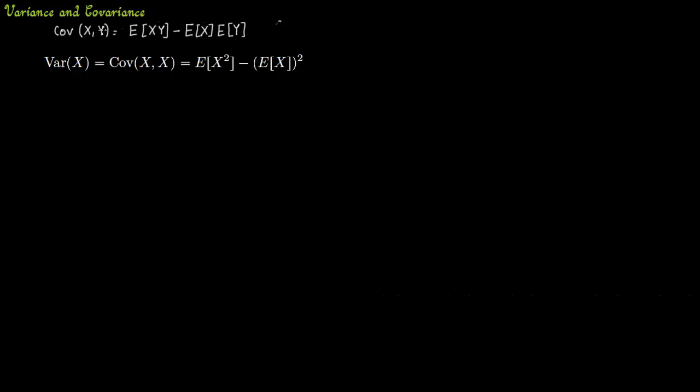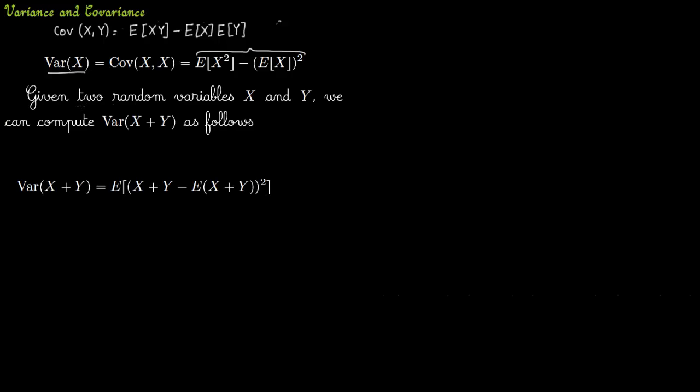So instead of y, if you plug in x, you get expectation of x square minus expectation of x whole square. But this is nothing but the formula for variance of the random variable x. So variance of x is nothing but covariance between x comma x.